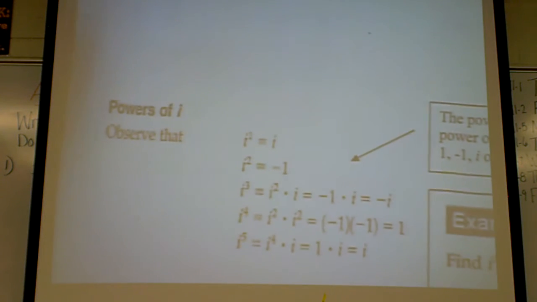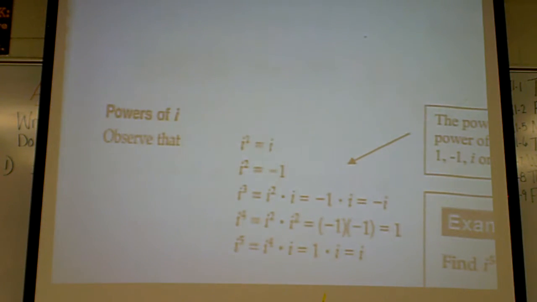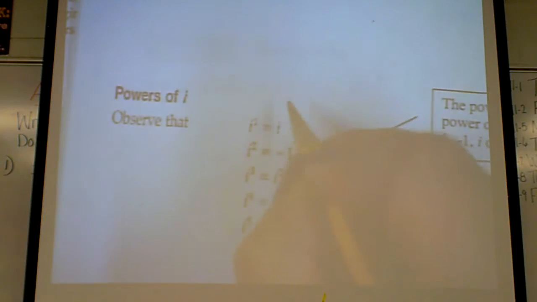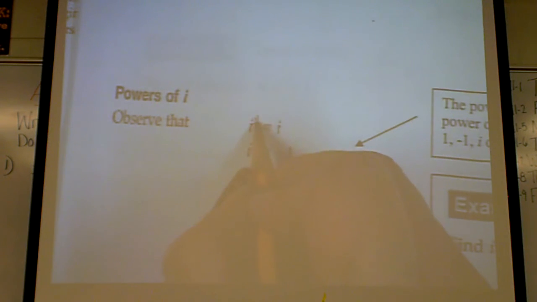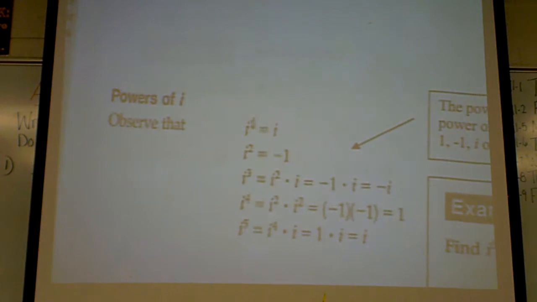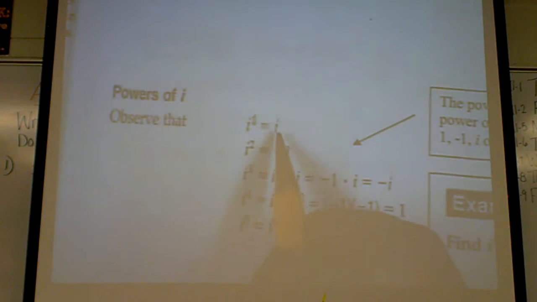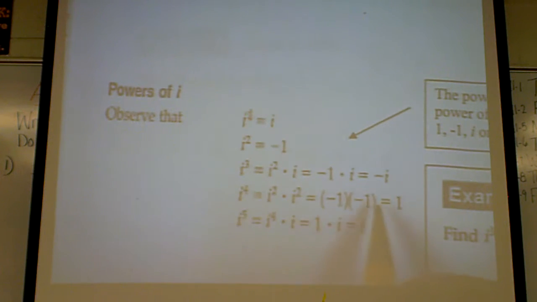The patterns or the powers of i. If you were to take i and increase its power, and by the way, this is a 1, it looks like a 2, it's i to the first power. i to the first power is i. i squared is negative 1, i to the third is negative i, and i to the fourth is 1.